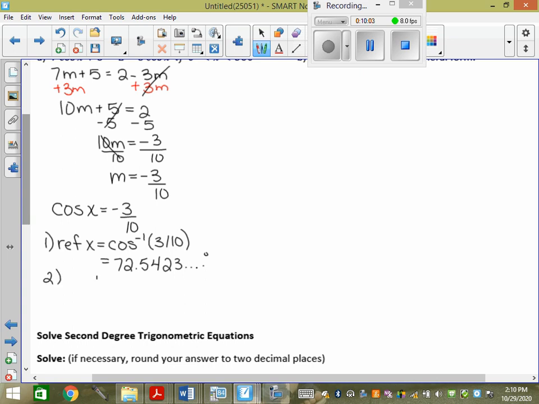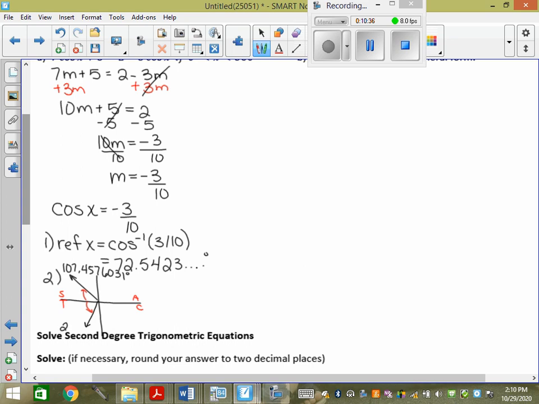Second step, cast. I need cos negative. And this is my reference angle. So we're going to do 180 minus that answer. And we get 107.4576031 degrees. And then I go 180 plus it.